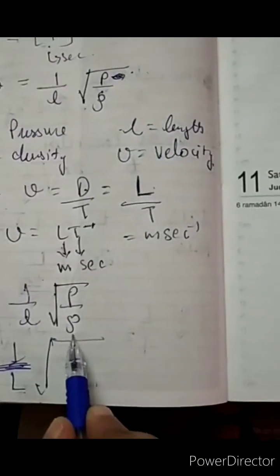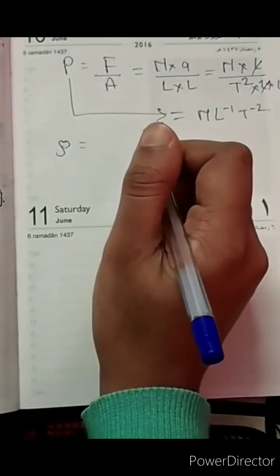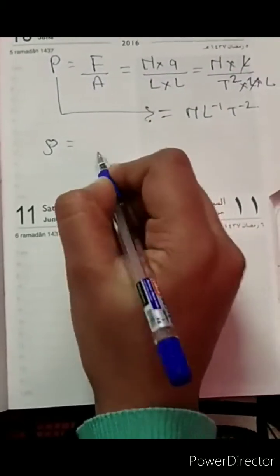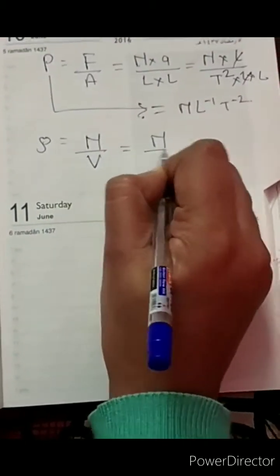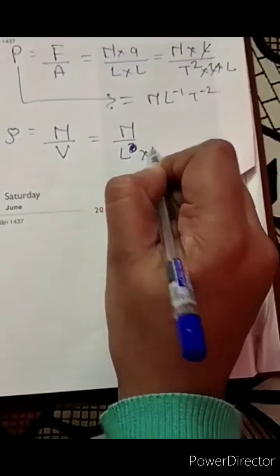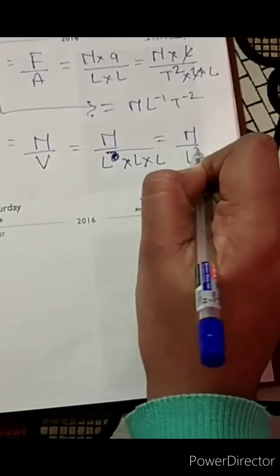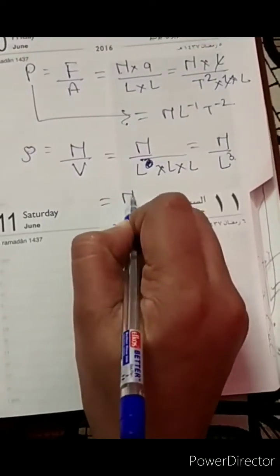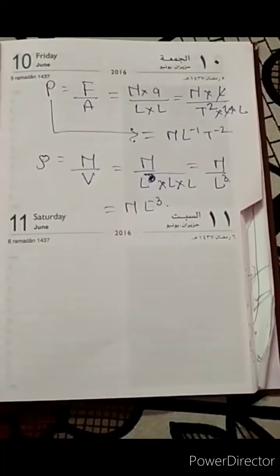Similarly, in the denominator we have rho. Rho means density, and density is mass per unit volume. Volume is L cubed, so it is M upon L cubed, or M L to the power minus 3. Correct?